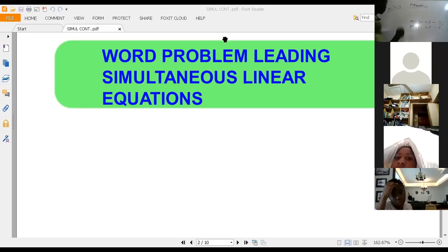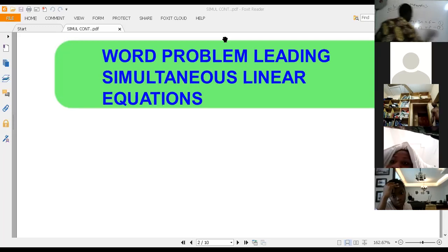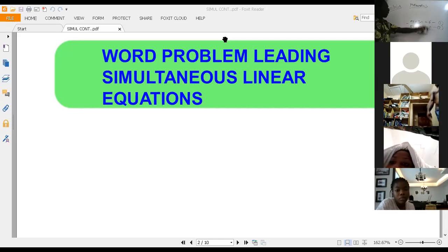Eliminating m means you have to subtract equation 2 from equation 1. When you do that, we cancel m. Then we have minus 3n minus n, which turns to minus 4n, and we have 6 minus 2, which gives us 4.